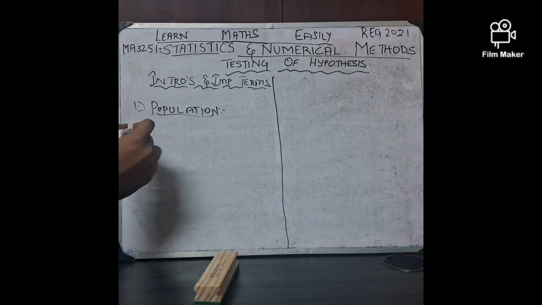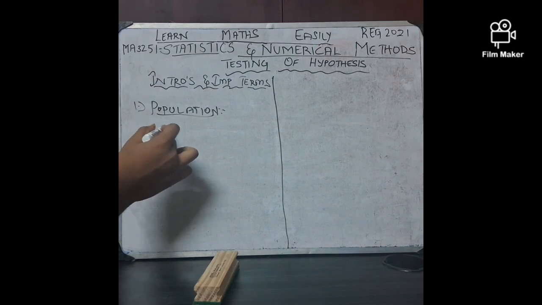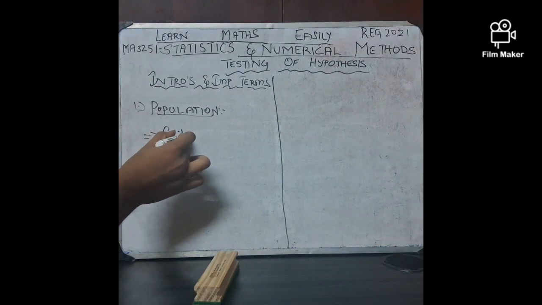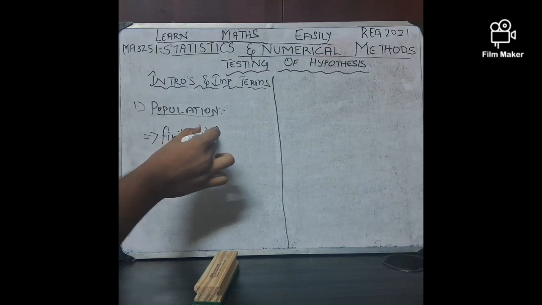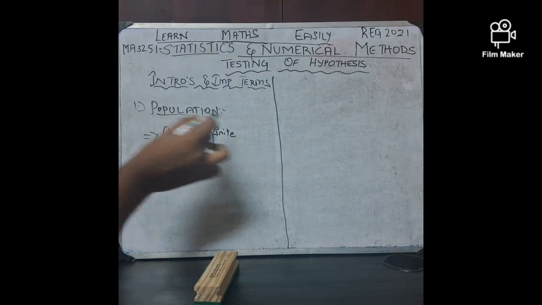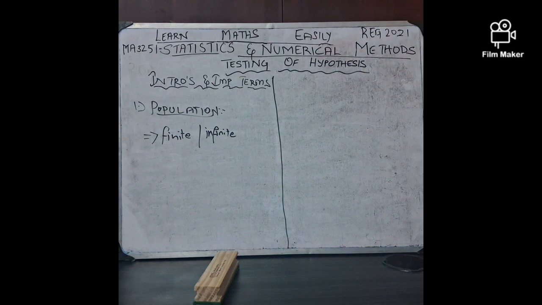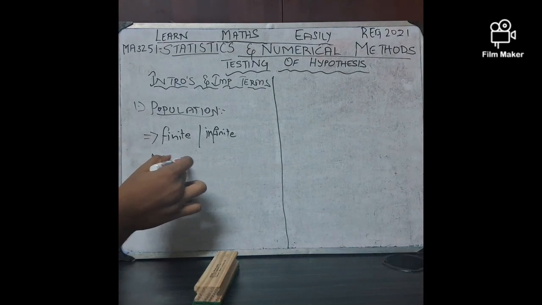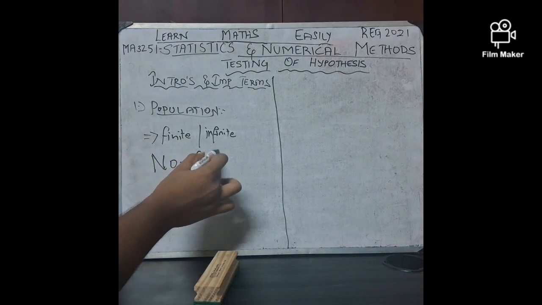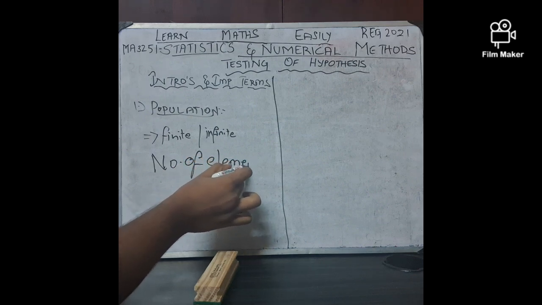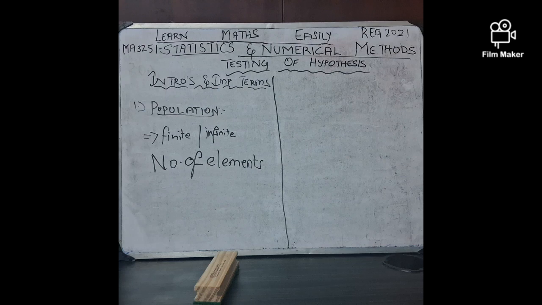The population is finite or infinite according to the number of elements. Depending upon the number of elements, it is finite or infinite. That is what your definition of population is all about.